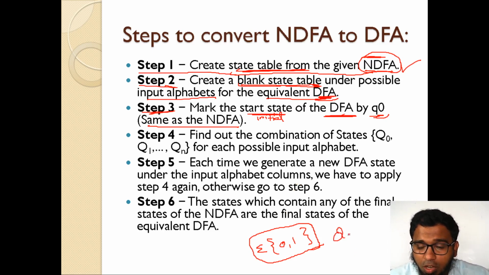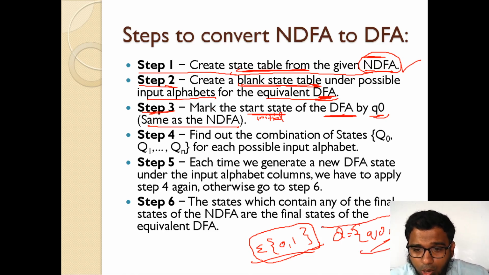Like, for example, if I take Q0, Q1, this is Q, this is the alphabet symbols, and these are the states. So, how many states do we have? We need to find out the combination of states.